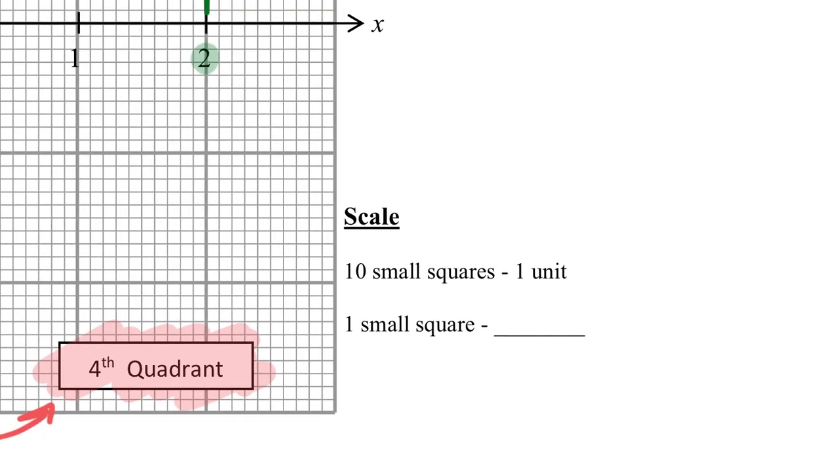So, I do want to bring your point across here. When we talk about the scale, do take note, if there are 10 small squares to represent 1 unit in this particular question, it will be easy for us to take note that we could actually count the number of units for one small square, which is 0.1 unit.